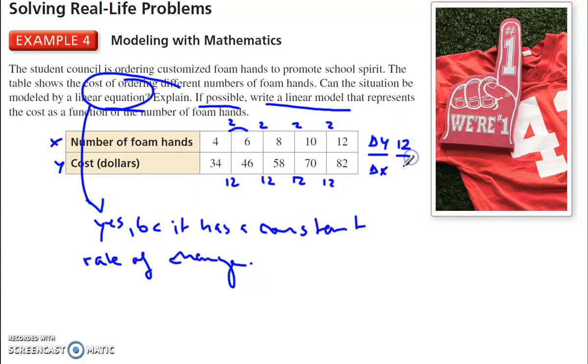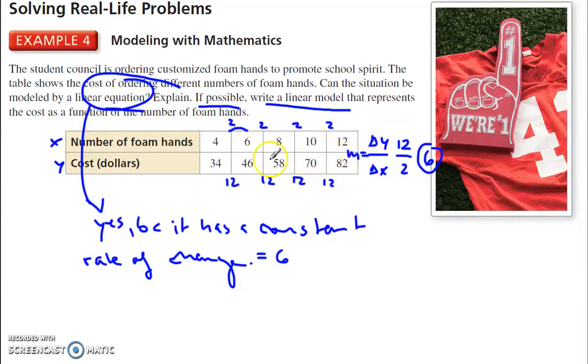Notice that almost happened to me, and it happens all the time. So the slope is 6. M is change in y over change in x, 12 over 2, so that's 6. Constant rate of change, which is 6. Rate of change and slope describe the same thing.